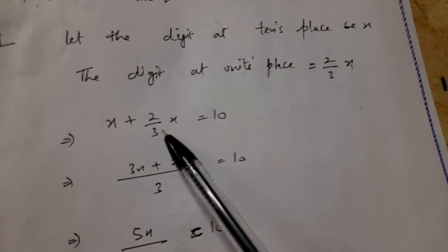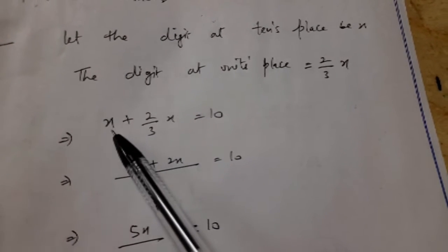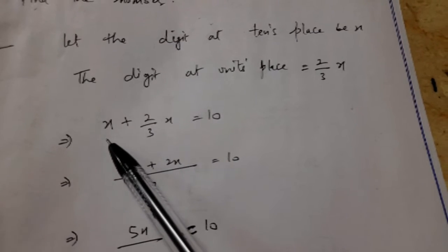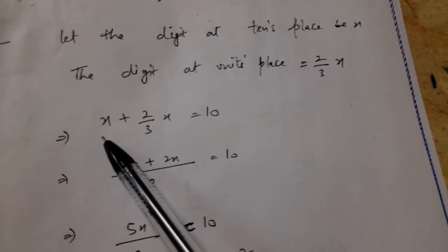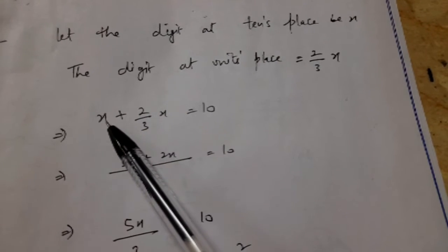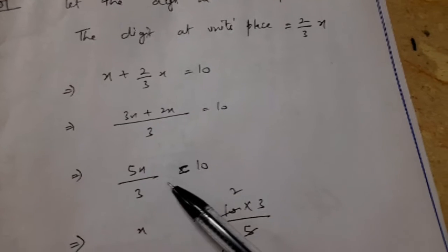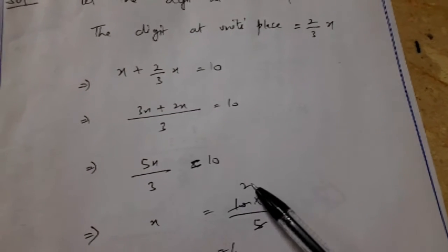Now take the LCM. LCM will be coming out to be 3. Divide 3 by 1, as no denominator is given, and multiply 3 with 1, so 3x plus 2x equals 10, that is 5x is equal to 10 into 3.